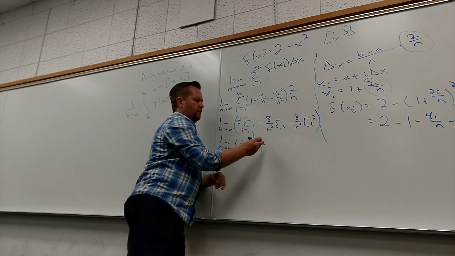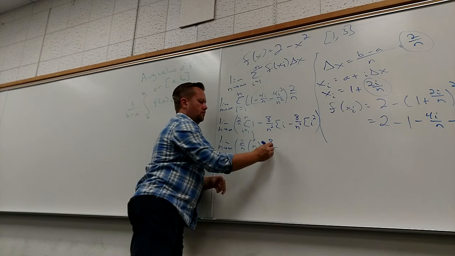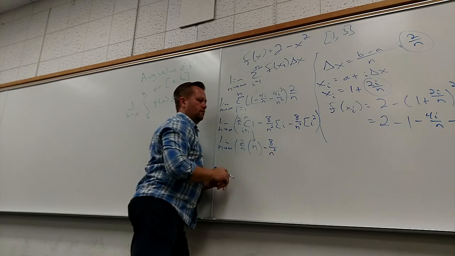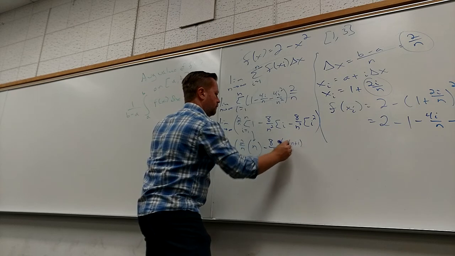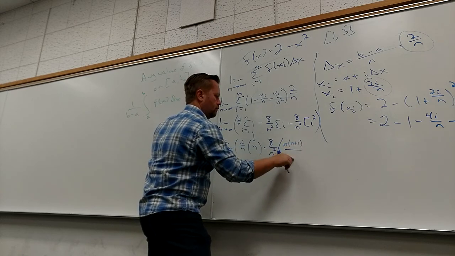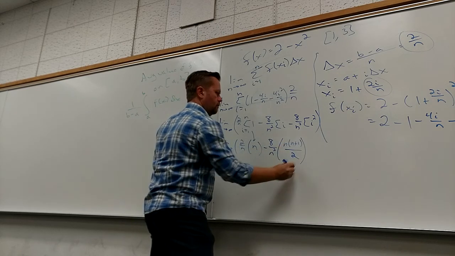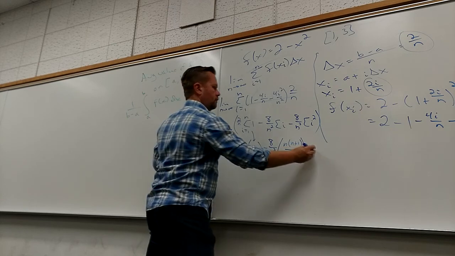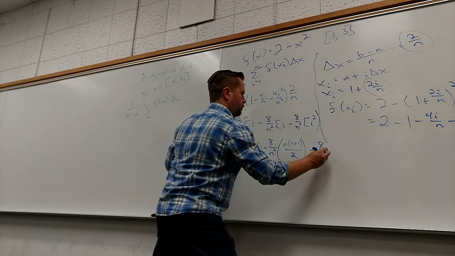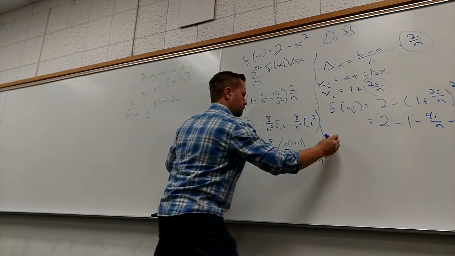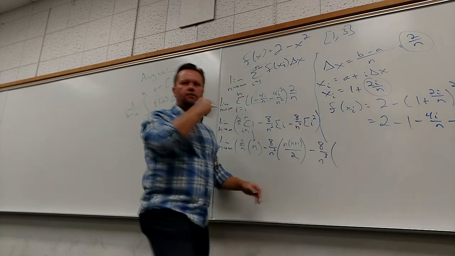Anybody remember what the sum of i was? Yep. And so this is what I'll give you. And the sum of i squared is the really freaky one. Let's see if I remember it.